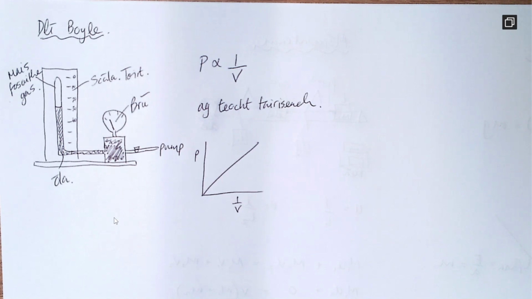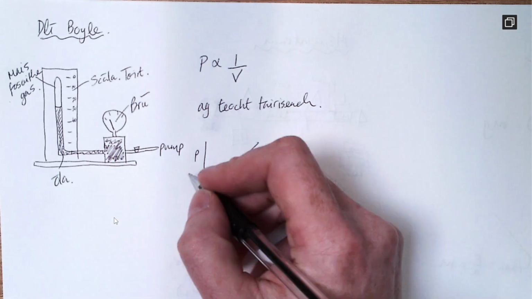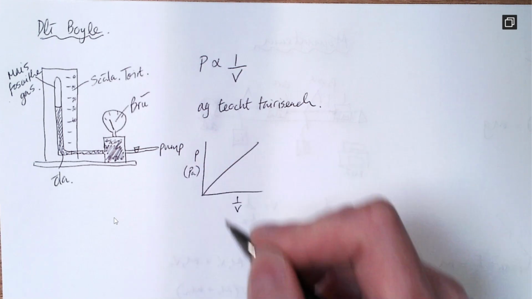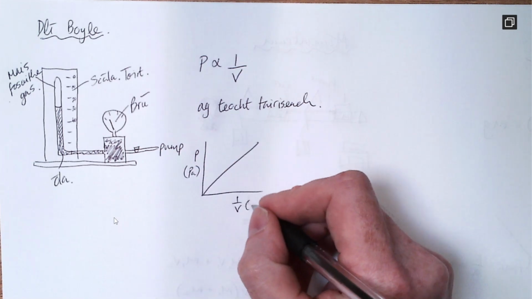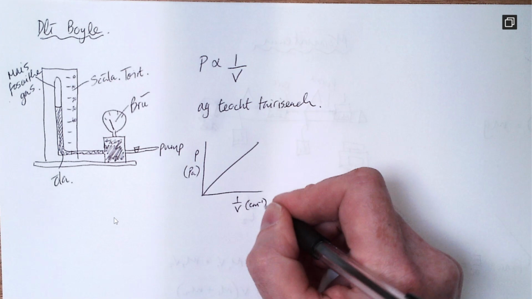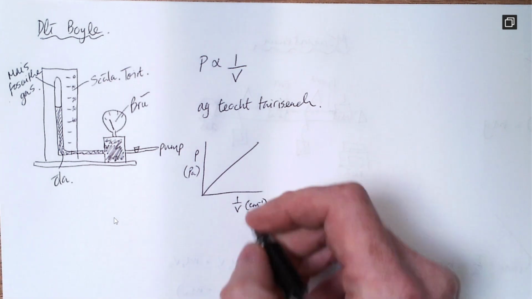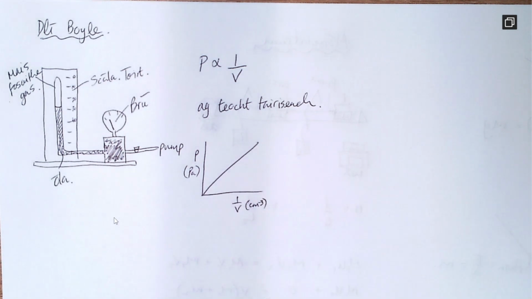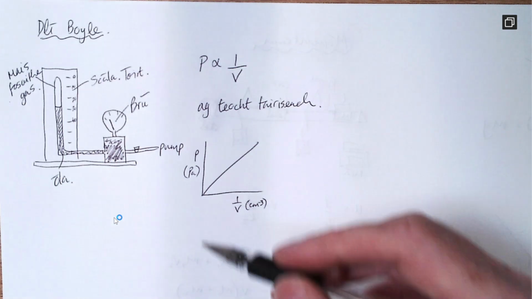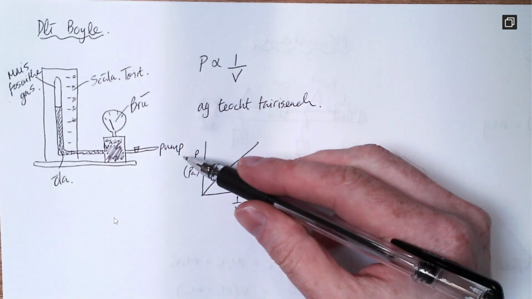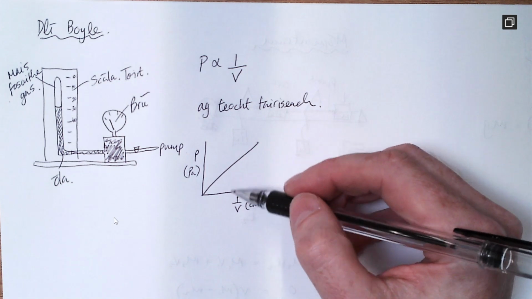Pressure in pascal, Pa. So how does this prove Boyle's law? The straight line graph shows pressure is inversely proportional to volume.